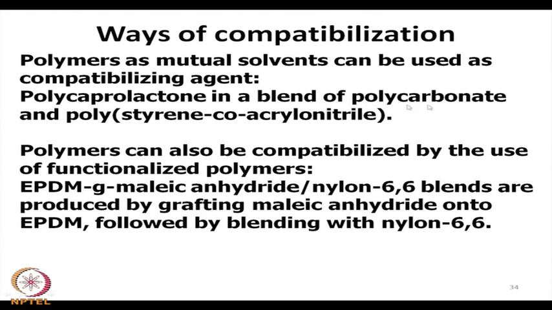Polycaprolactone, when it is blended with polycarbonate and polystyrene-co-acrylonitrile, provides such compatibilization. The compatibility of polycarbonate and polystyrene-co-acrylonitrile can be improved by the use of polycaprolactone, which acts as a solvent in the miscibility of these components.